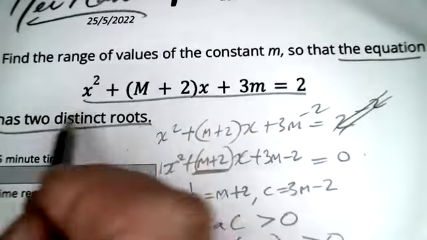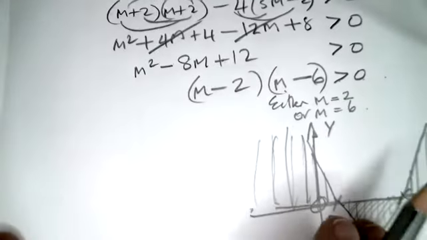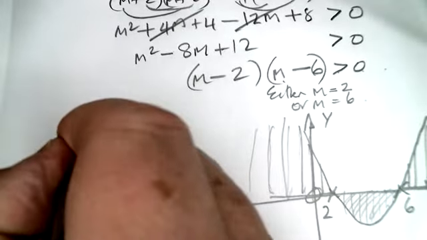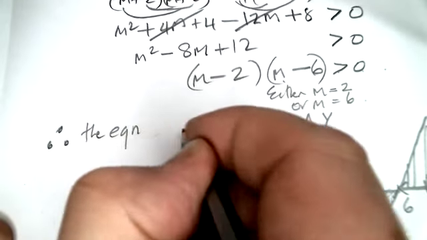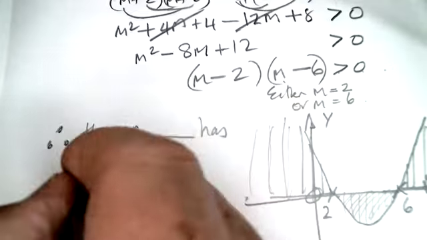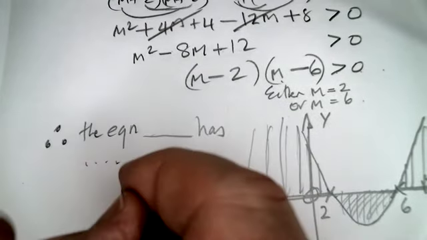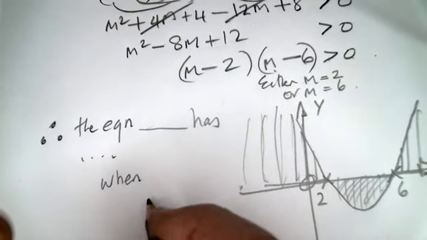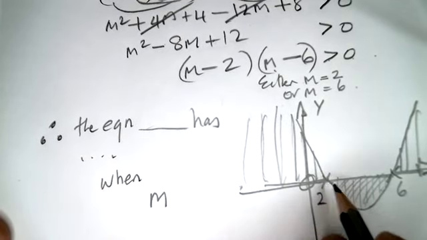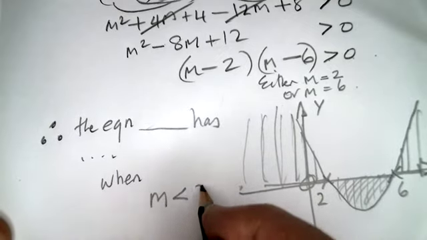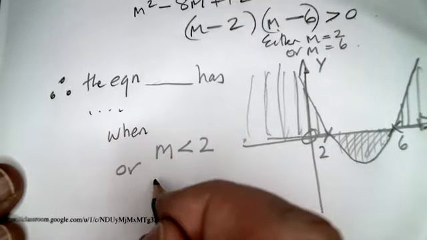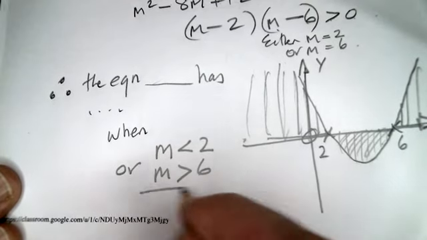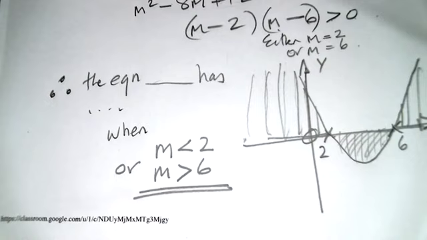The equation blah has 2 distinct roots, so this is a therefore statement, and you start off with the equation blah has, and I'll let you write that out, 2 distinct roots, and then at the end you say when, and we want to say m in this case is going to be less than 2, or m is greater than 6. And that is the solution.